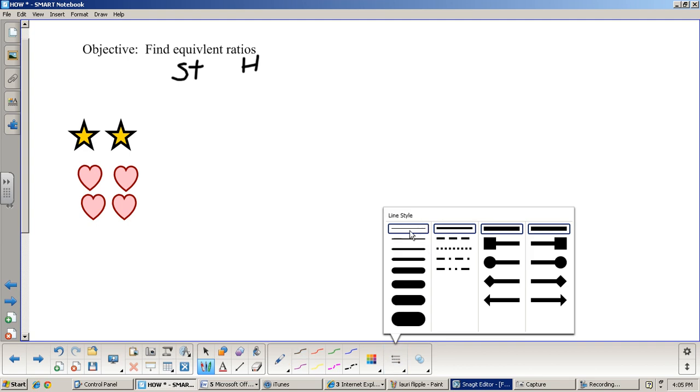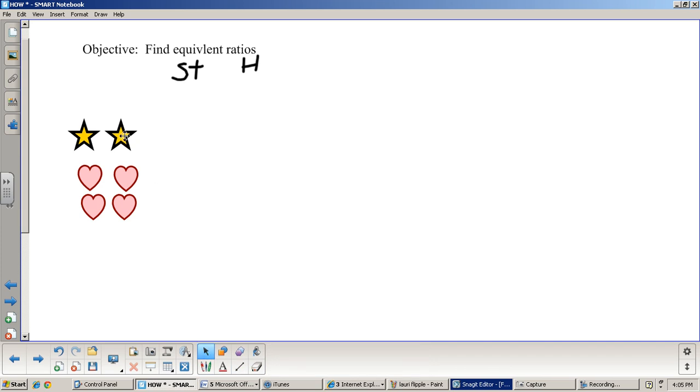This time, let's try more stars. 4 stars and hearts.